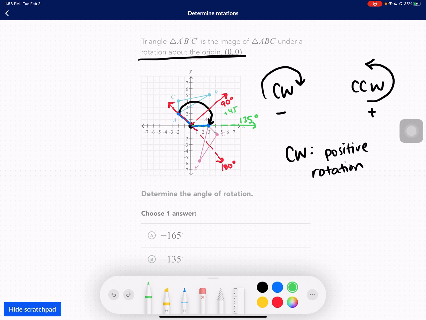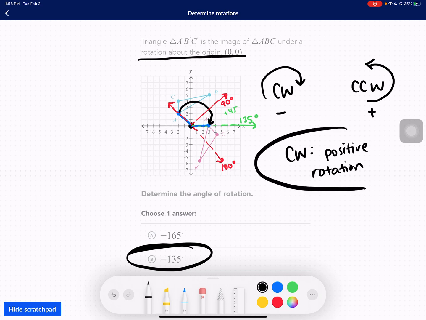So since our black arrow right here points to that spot, this is a measure of 135 degrees. So our rotation is negative 135 degrees because, oopsie, you probably already caught this. Yeah, I must be like half asleep or something. This is a negative rotation, not a positive. I had written positive there and then I kept talking about it as a negative.